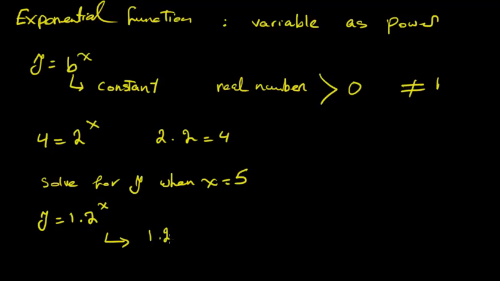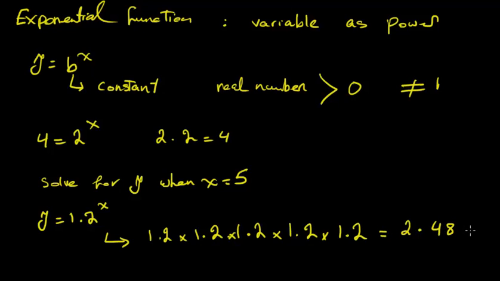So 1.2 times 1.2 times 1.2 times 1.2 times one more, 1.2. It equals to, we can use calculator here and multiply this one, we'll get 2.48832. This is a function and we can easily graph that one.